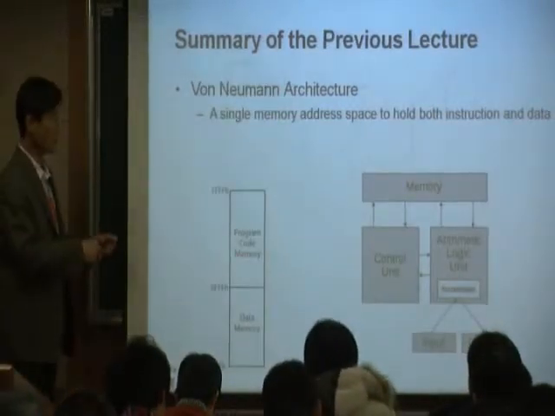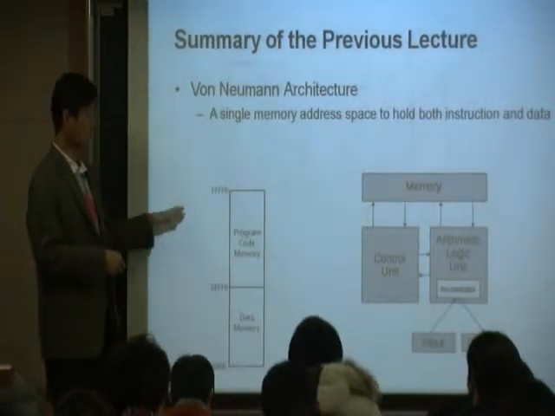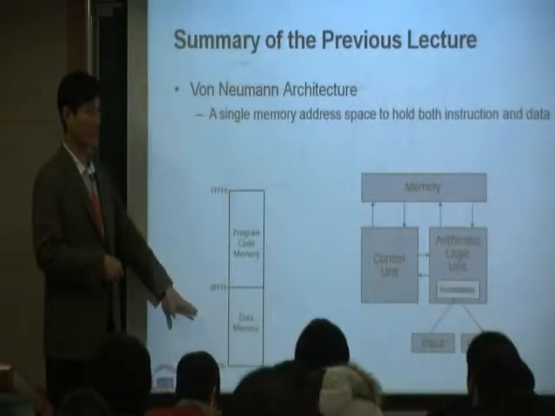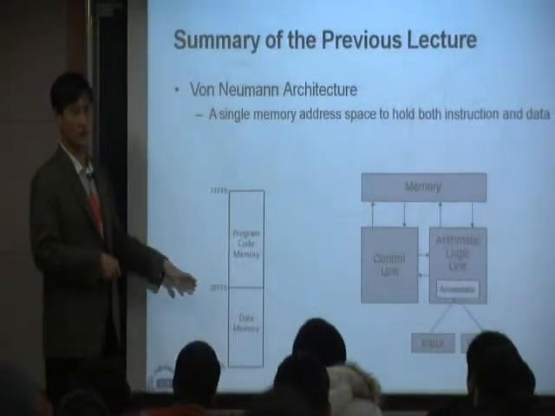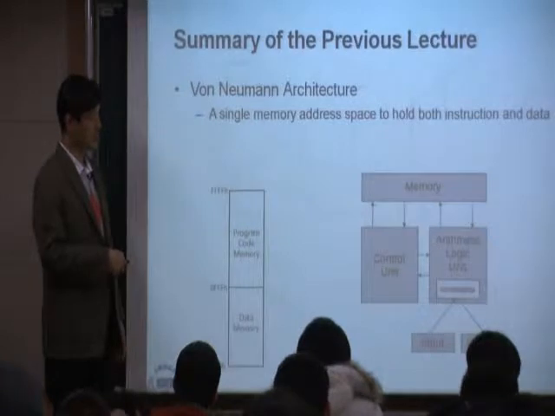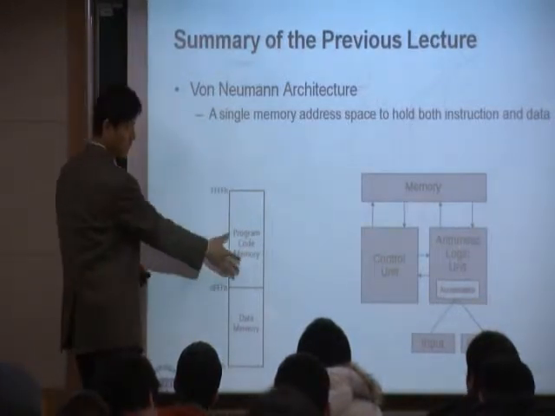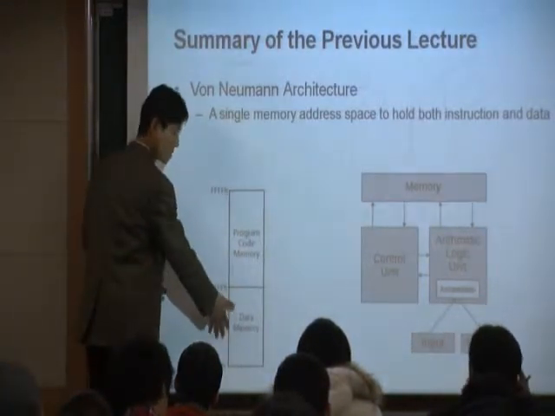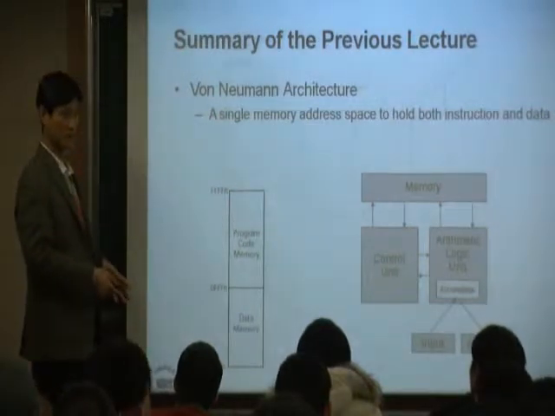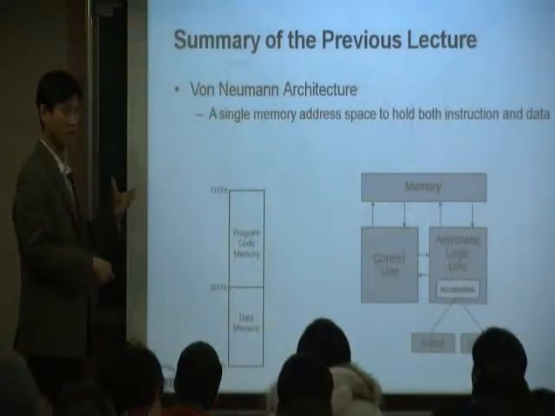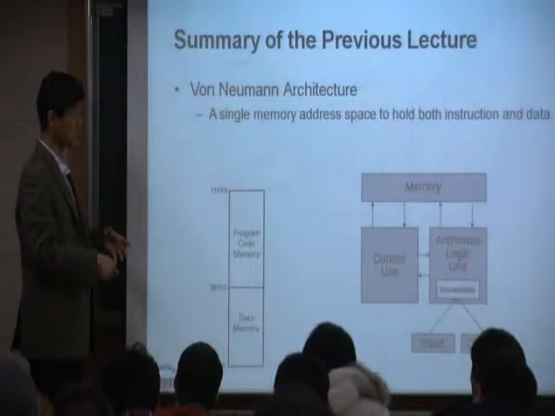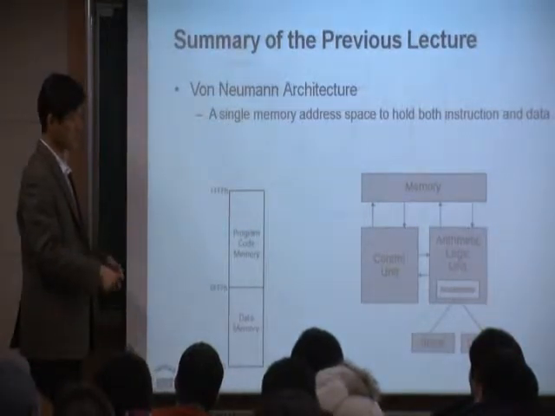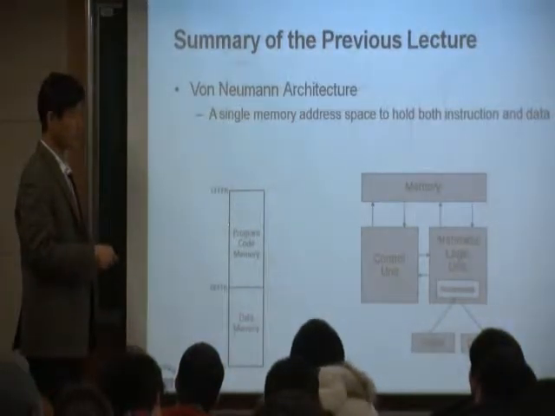But in here, out of this 16-bit address space, which is 64K, we divide some part as code memory, another part as data memory, okay? Physically, it's just one, but the address space we divide into two parts, data memory and code memory.